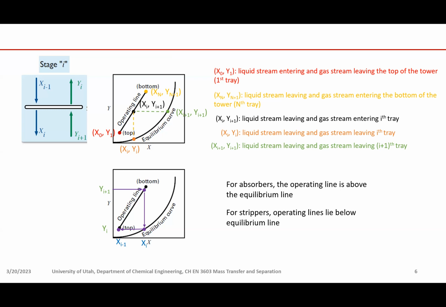And we know that for an absorber, yi is smaller than yi plus 1, because as the vapor goes up, part of the solute in the gas phase is transferred into the liquid phase. That's why the equilibrium curve sits below your operating line. Does that make sense? For a stripper, it's the other way around.